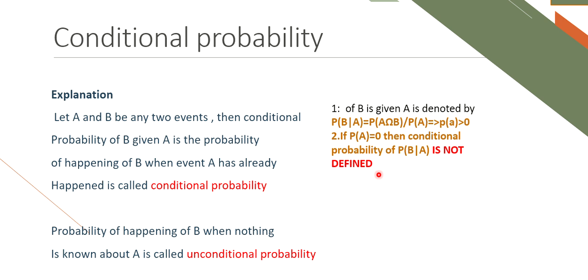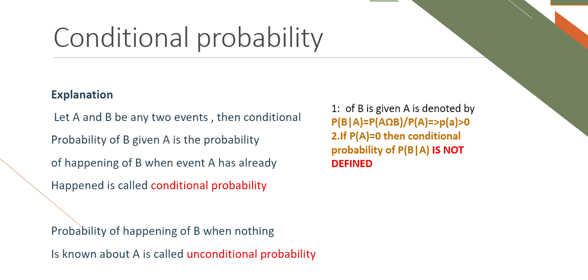In a better example, I can tell: A is raining, B is cloudy. So B knows A means B is cloudy and it is raining. So we can come to a conclusion. If only A is cloudy, we don't know what B is, we cannot define it. So that is unconditional.